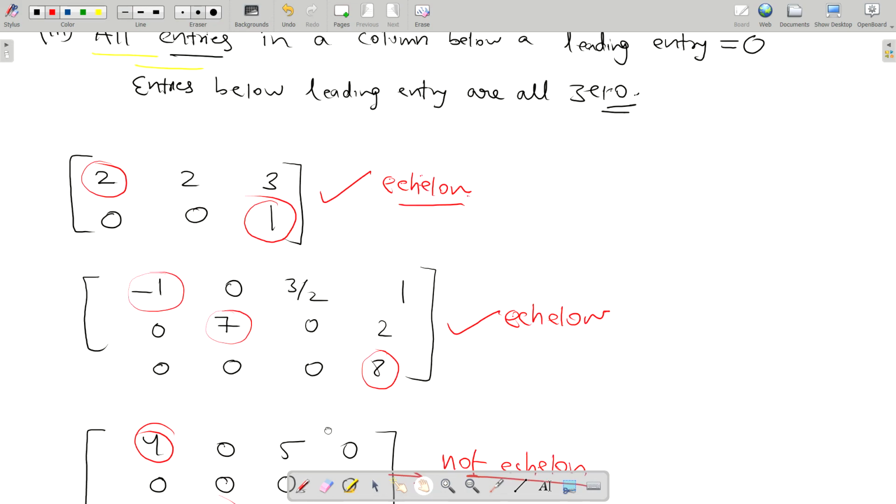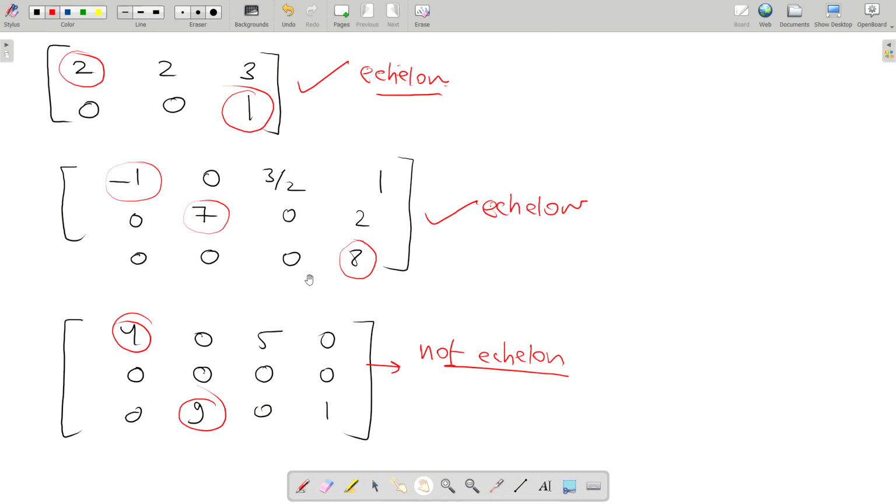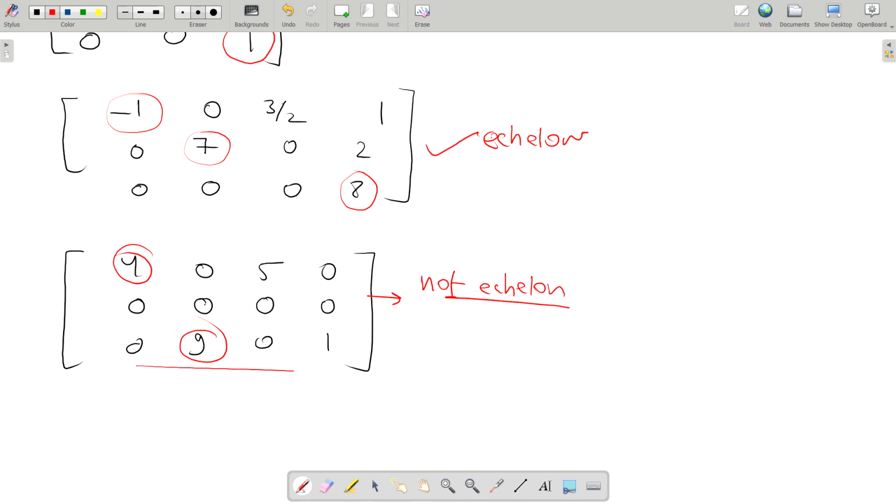The first property says all non-zero rows must be above rows of all zeros. This is a non-zero row, and it should be above a row of all zeros. This is a row of all zeros; it should not be above this. If it is, this is not an echelon matrix.